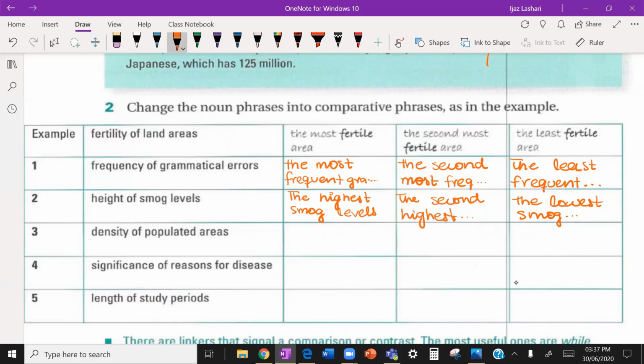Okay. Number 3 is density of populated areas. Now, the most dense. Yeah, that's right. The most densely populated. And the second one, the second most densely populated.